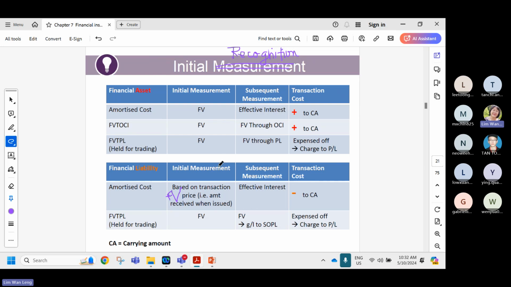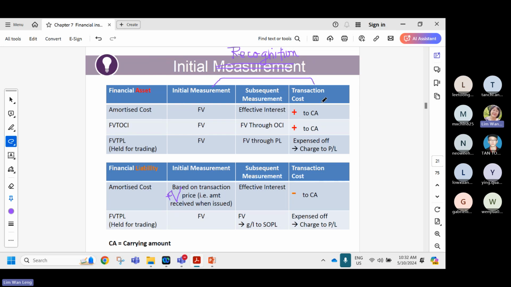So all initial recognition of the financial assets and financial liabilities, you don't care how they are captured at amortized cost, fair value through the OCI, fair value through the profit or loss, all will be initially recognized at fair value.